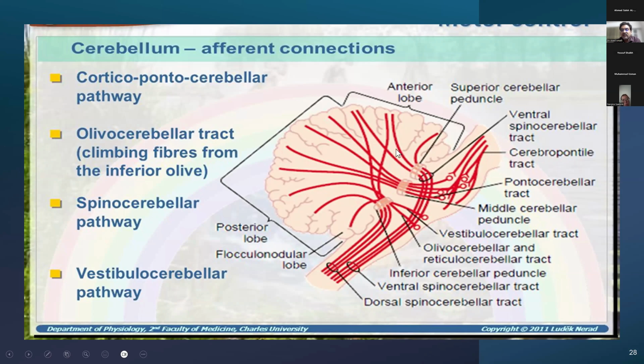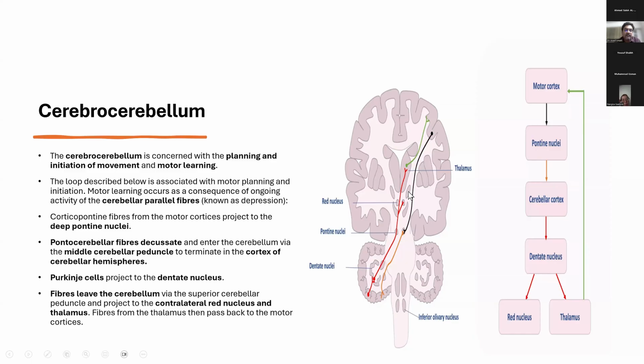These are the connections they make, and these are the peduncles through which they are passing: the superior, middle, and inferior cerebellar peduncle. So you can notice each and every afferent connection and their passage through various cerebellar peduncles.